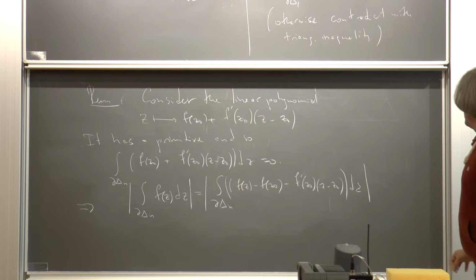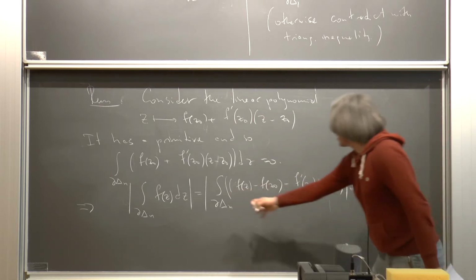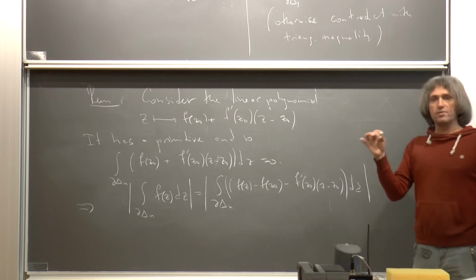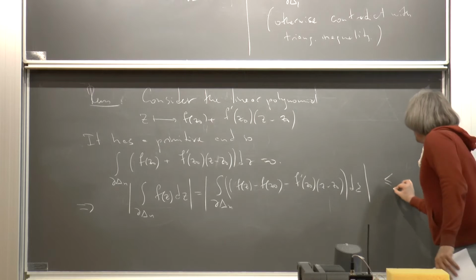The estimate comes from the estimate on the absolute value of the function inside, and the length of the curve. So then this is less or equal.